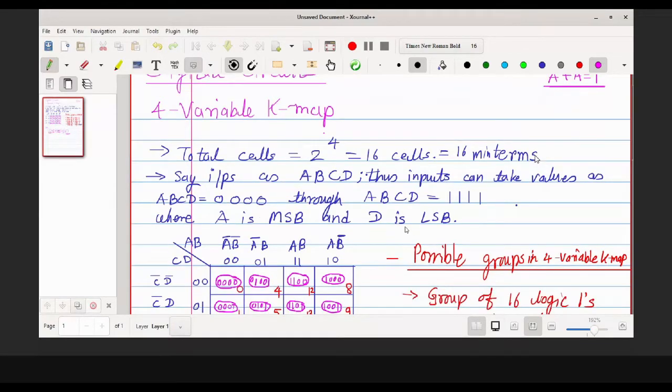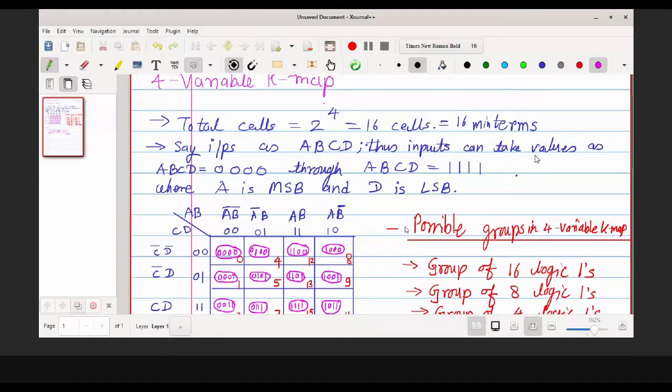Okay. So the four variable K map will have four variables. We can denote them as ABCD, where A is the MSB and D is the LSB. So it will have a total of 2 to the power of 4, that is 16 cells, and these 16 cells represent the 16 different min terms.